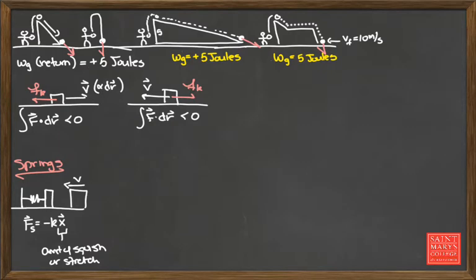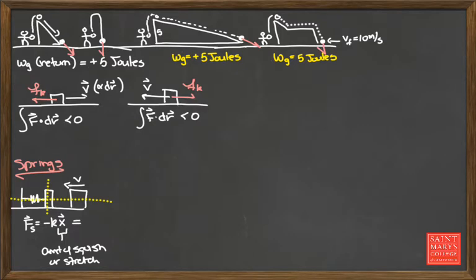And I made a comment that you should be careful, because when you use this expression for the spring force, what you're really saying is that the origin, in this case the horizontal location of x equals 0, is at the same place as when the spring is neither stretched nor compressed. So the equilibrium position of the spring is at the same place as the origin.